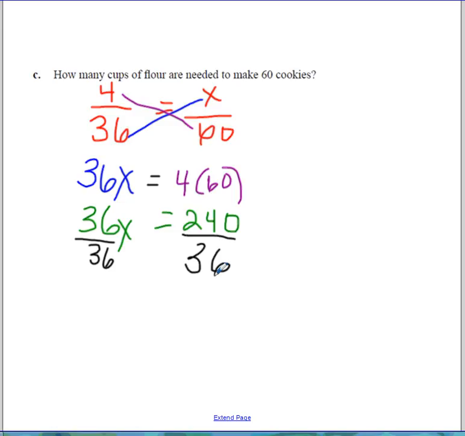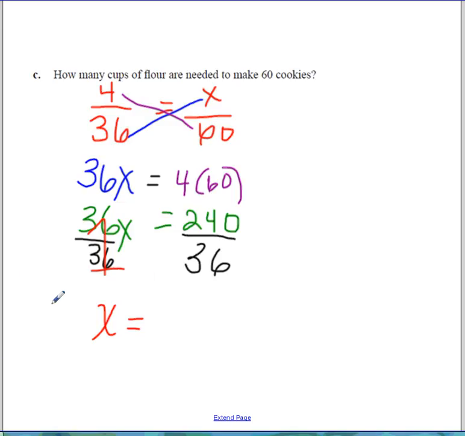So we're dividing both sides by that 36. 36 divided by 36 is 1, and so we're left with 1x on this side. 1 is usually not written in front of x because we know if we see an x, there's only one of them. Then 240 divided by 36 will give us our answer.